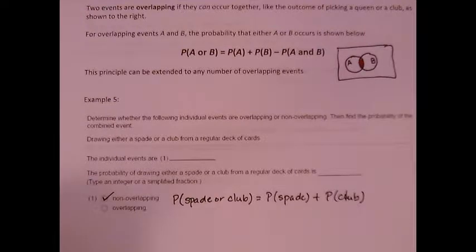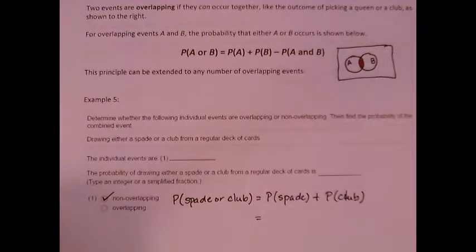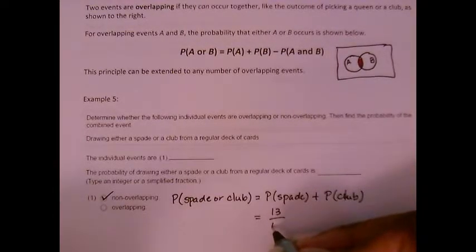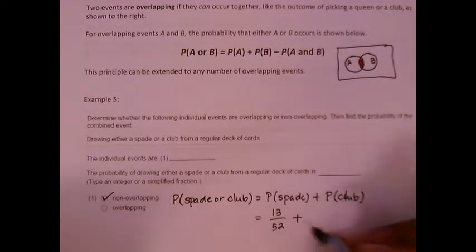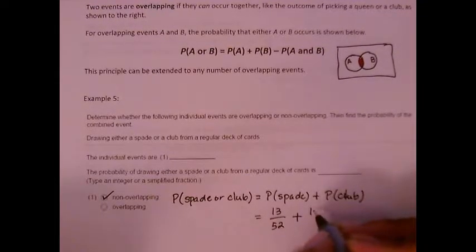Because those 4 suits have nothing in common with each other. Now, as I stated earlier, there are 13 cards that are spades out of 52. So this is 13 out of 52 for the probability of getting a spade. The clubs also have 13 cards out of 52.